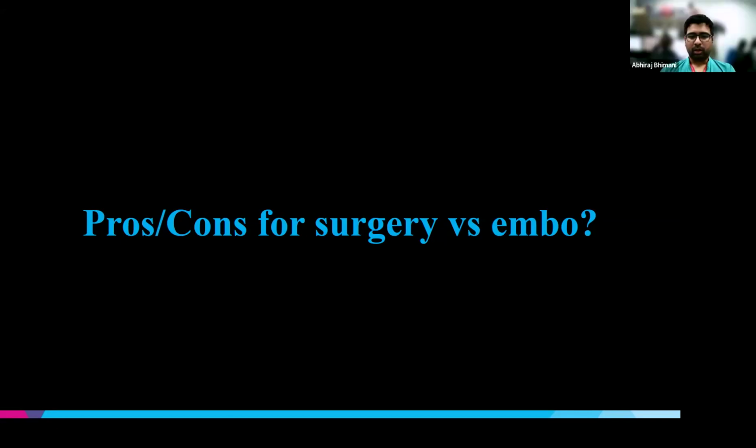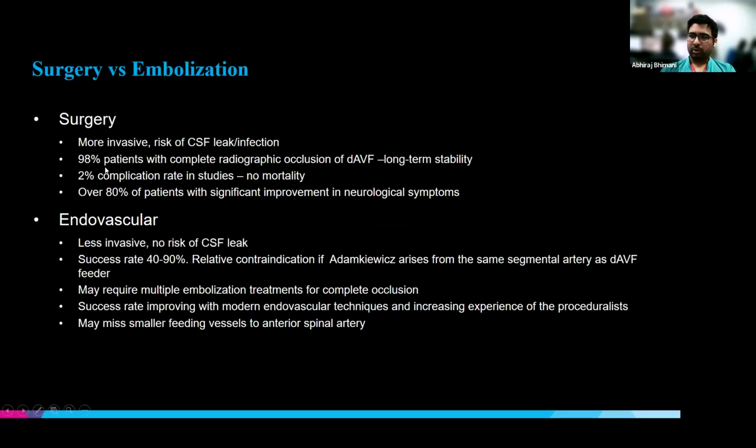Okay. Yeah. So there's obviously risk of invasiveness, as you mentioned. However, now we'll discuss more regarding the Adamkiewicz, because it actually makes endovascular a much more challenging treatment than surgery, because when you treat something endovascularly, you're going through the arteries and embolizing that connection.